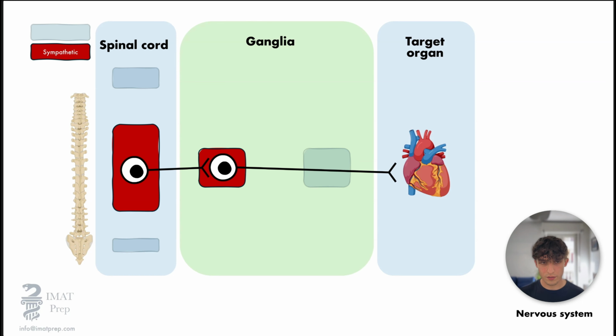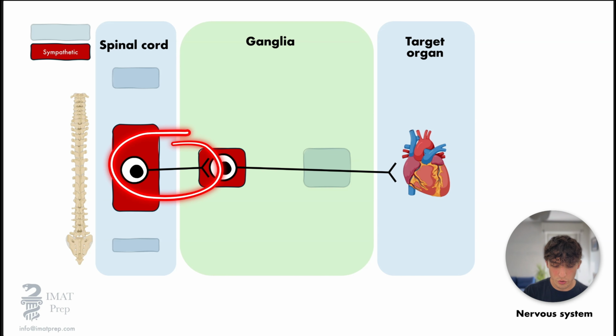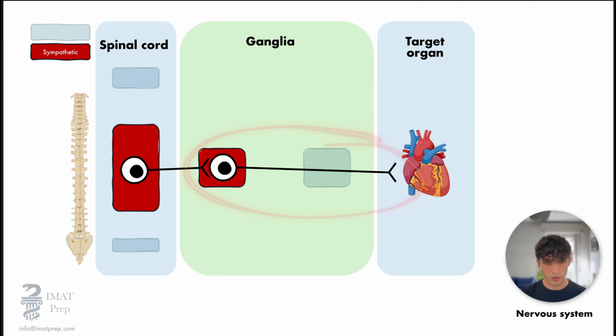Let's start with the sympathetic nervous system. We can appreciate that there are two cells, the preganglionic neuron and the postganglionic neuron. We can also appreciate that the cell body of the preganglionic neuron is found in the thoracolumbar region of the spinal cord, and it exits there, and it goes to a ganglion that is found really close to the spinal cord.